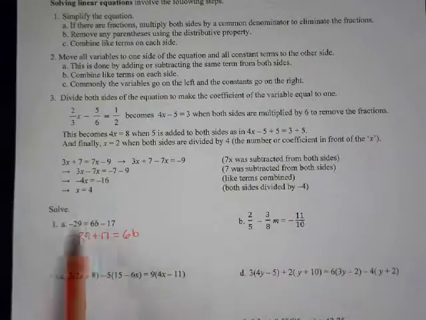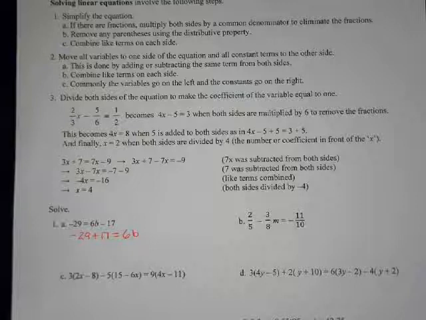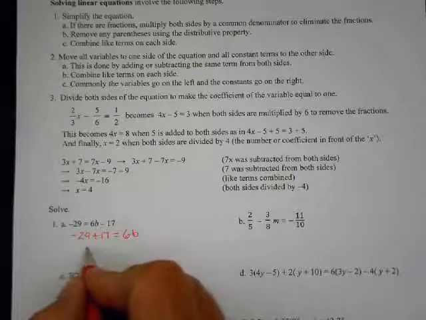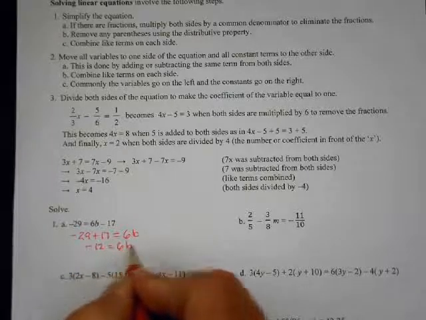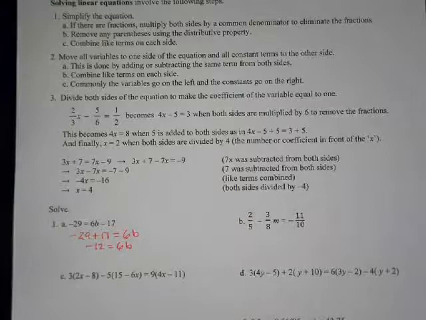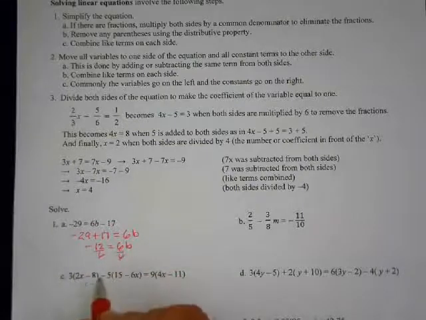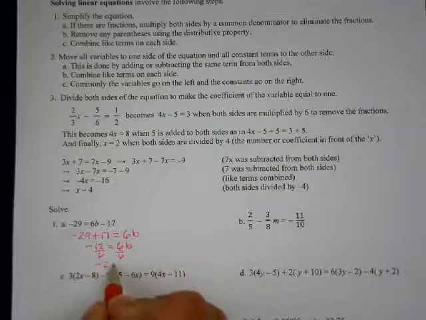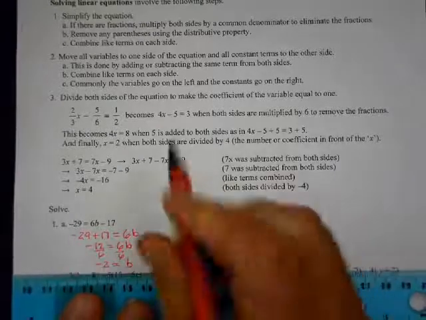So note that I moved the 17 to the other side, so it was negative 17 on the right, became positive 17 on the left. Combine these terms. Negative 12 equals 6b. Divide both sides by 6. And I'm going to end up with negative 2 equals b for my first answer.